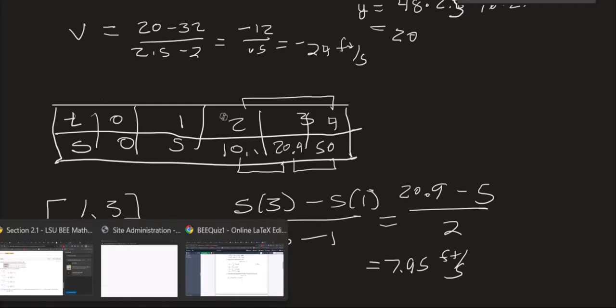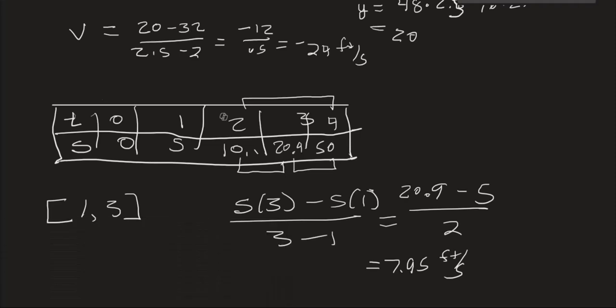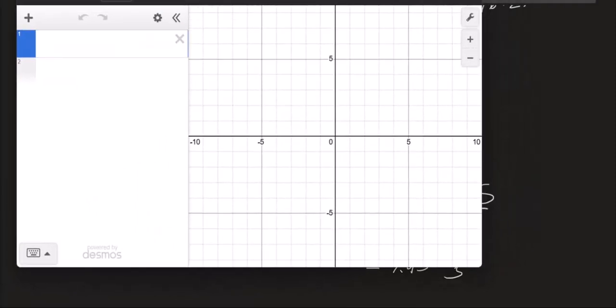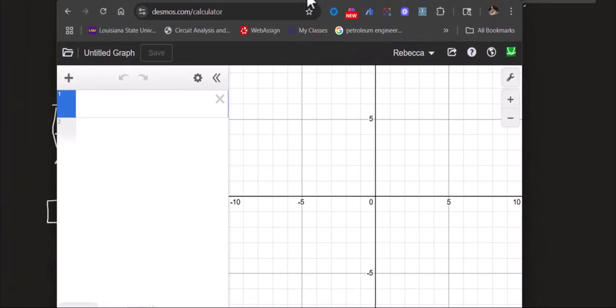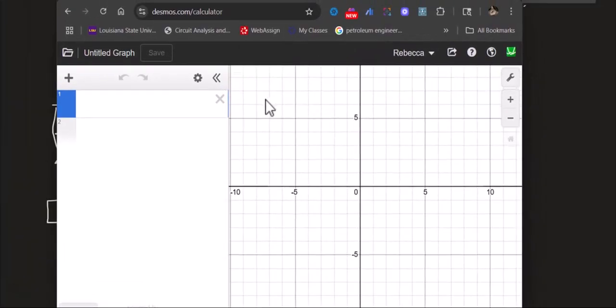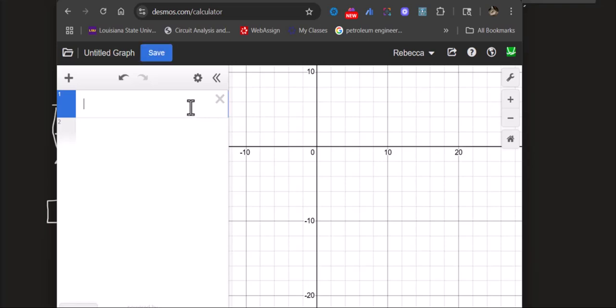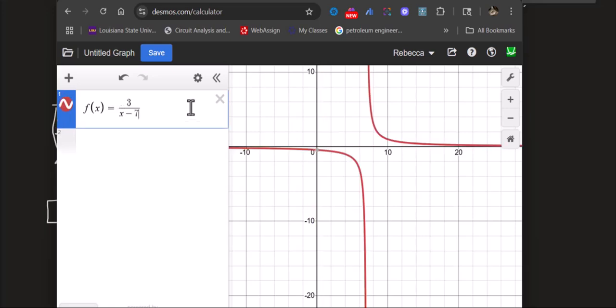So for instance, if I go to Desmos, let's see if I remember how to do this. So we would say whatever our function is, f of x equals 3 divided by x minus 7, and then we'll add a table of values.